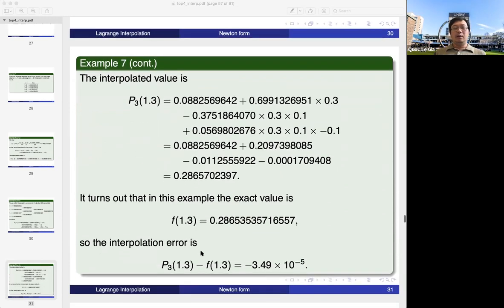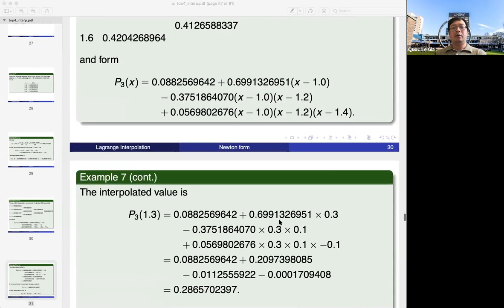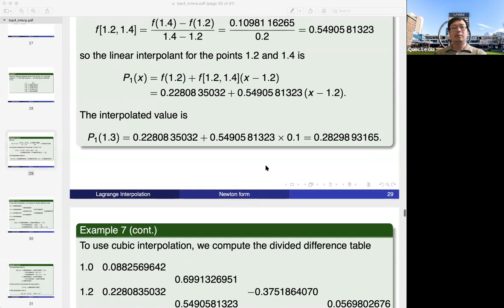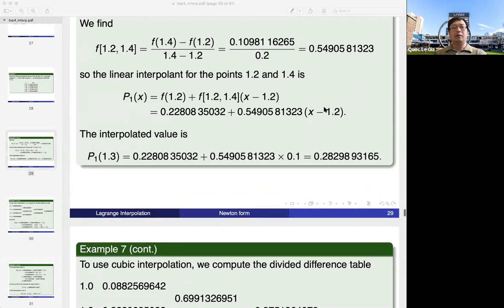Okay, so the interpolation error is just the difference between the polynomial and the function at that point. So in this case, the cubic gives you about 10 to the minus 5 error, but the linear interpolation gives you bigger errors. Yeah, you can test it.